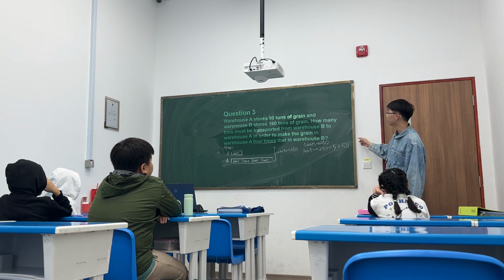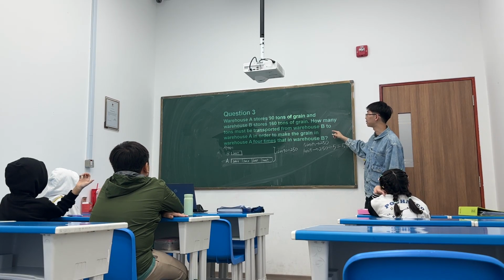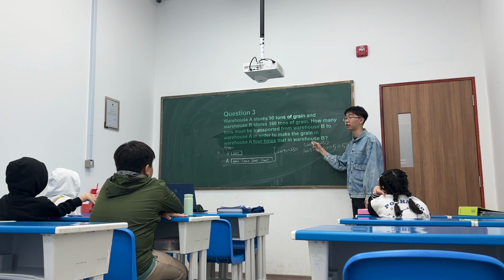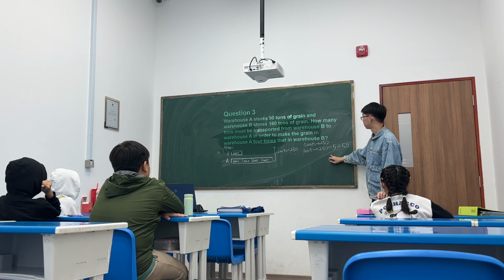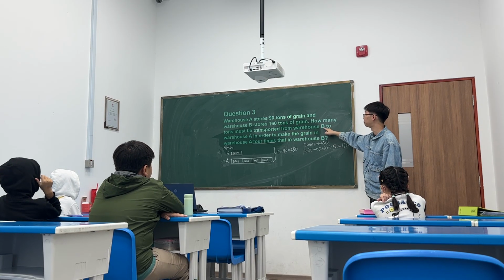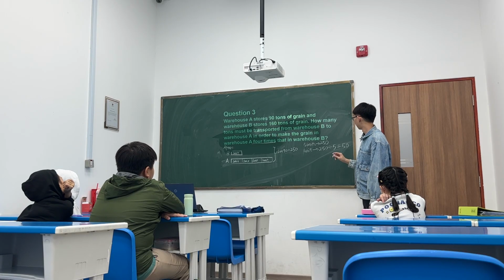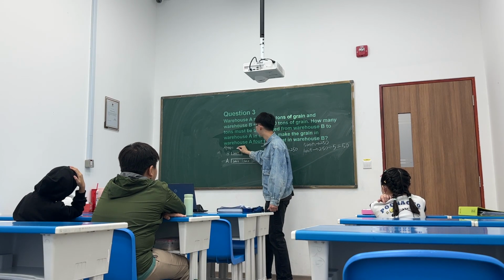Then the question says, what are you asking for? How many tons must be transported from warehouse B to warehouse A? Let's think about it. First of all, we know 1 unit is 50 now. So that means afterwards, B has 50 tons.